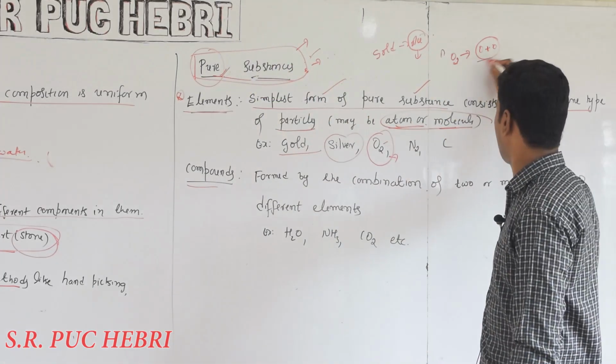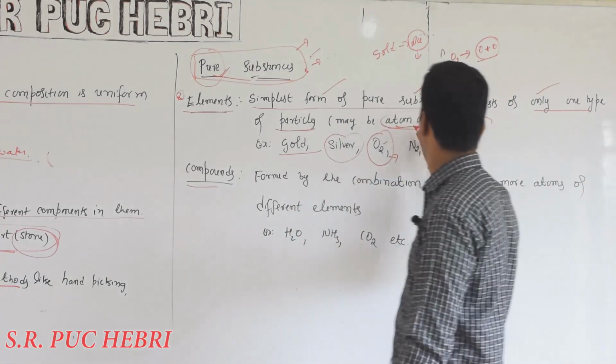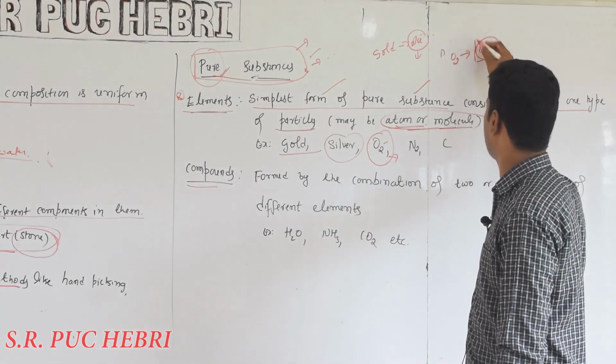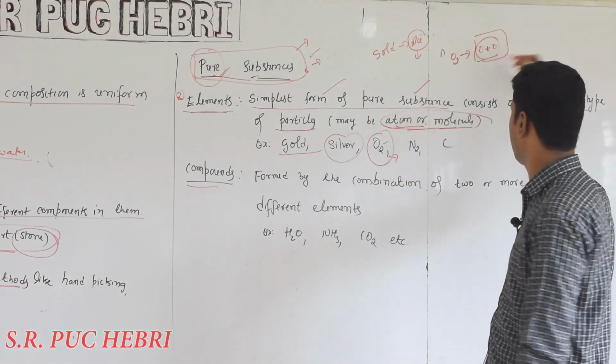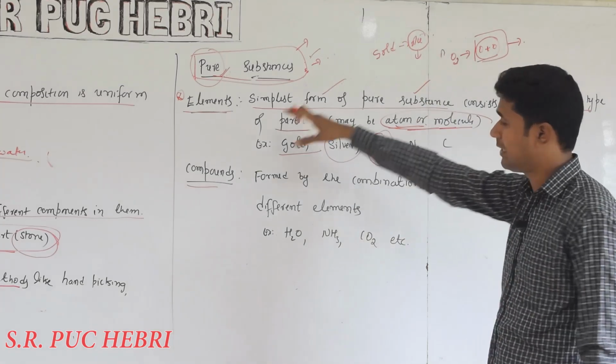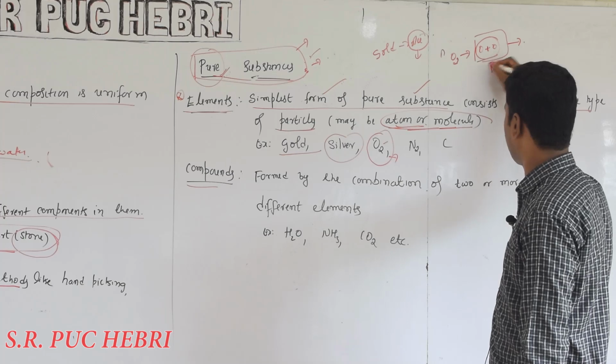Understood? Here, when two or more atoms of the same element combine, then you will get an element only. Next, N2, nitrogen.